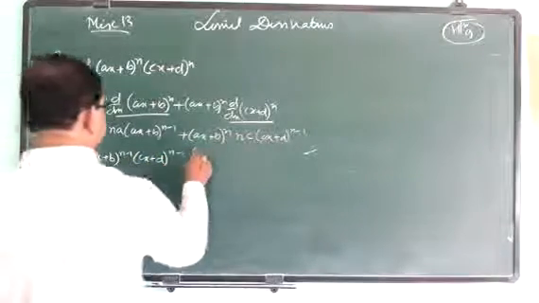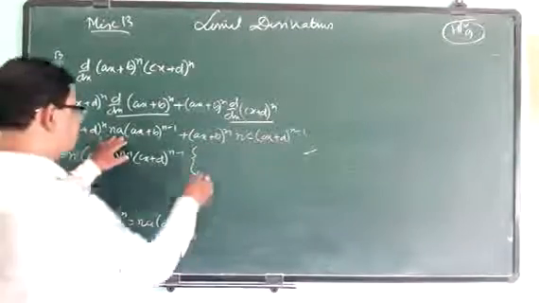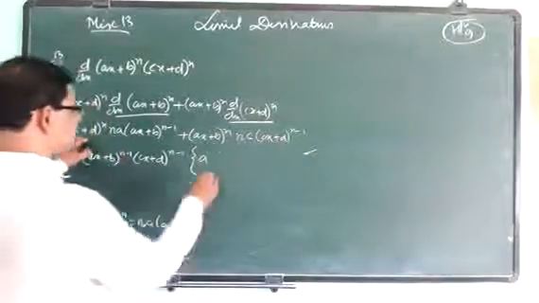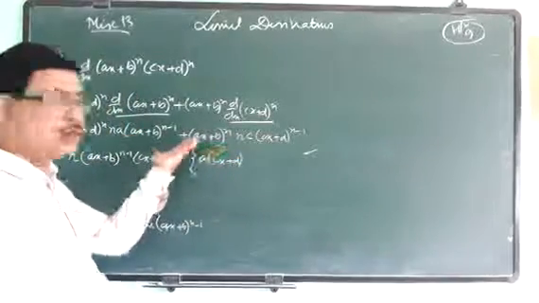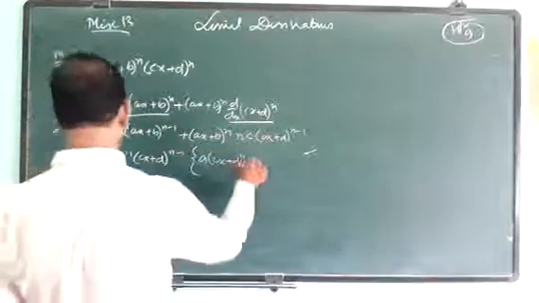Inside the bracket, we have a times (cx + d), then c times (ax + b). Just for simplification, you can keep it here also; it is your wish.